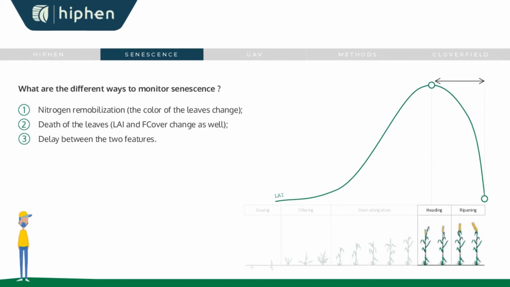But this stay green feature is maybe not all you need to describe senescence, for many reasons. For me, the main reason is that senescence will first start with biochemical processes such as nitrogen remobilization from the leaves to the grain, but the plant will try to keep its photosynthetic system active as long as possible to be able to fix more CO2 and more biomass.